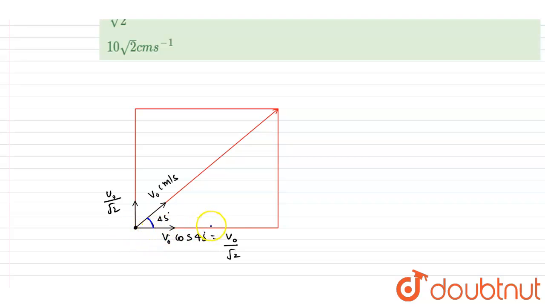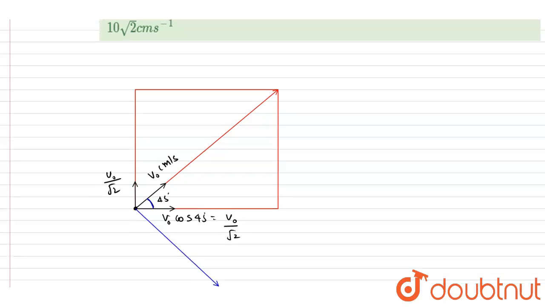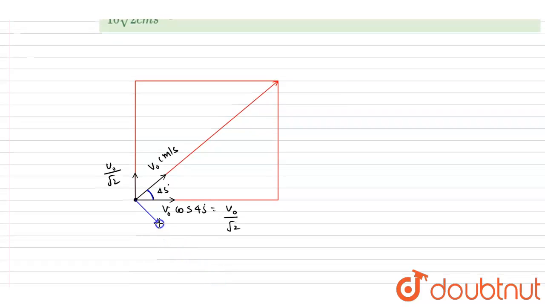But we will only see the component which is along the mirror. The image is also moving like this, and on the other side mirror, the image will be moving like this, right? If I say this side is 1, this image I1, this side is 2, this image I2, these will be the image velocity directions.